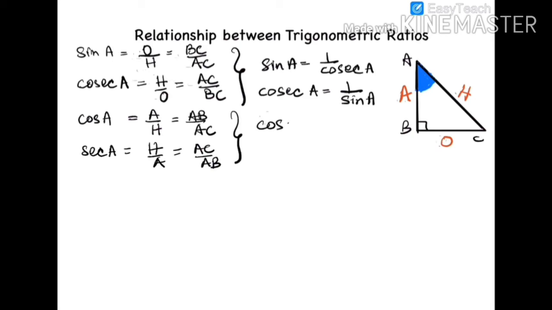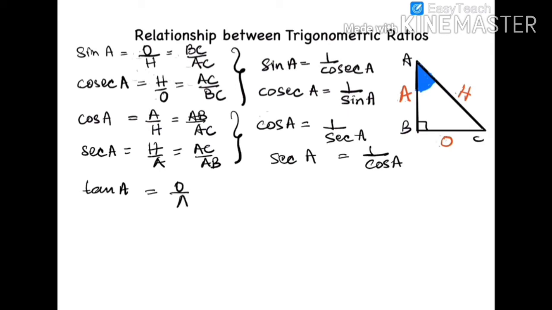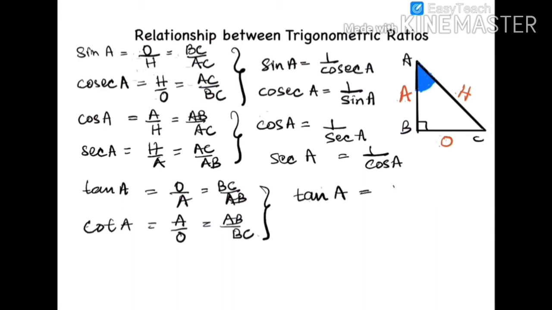So this gives us cos A is equal to 1 over sec A, and sec A will be the reciprocal of cos A. Similarly, we can write tan A, which is opposite upon adjacent, that is BC upon AB, and cot A is adjacent upon opposite, that will be AB upon BC. So tan A is the reciprocal of cot A, or cot A is the reciprocal of tan A.